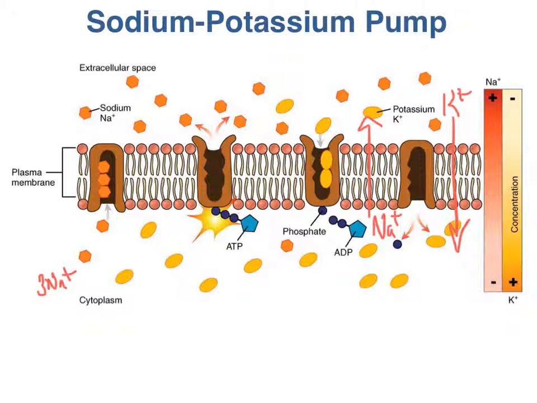And as an exchange of that, they pick up potassium outside of the cell and bring it to the inside of the cell. Only they pick up 2 potassium at a time. So they're exchanging 3 sodium and 2 potassium, and they break down ATP in order to do this, going from ATP to ADP.